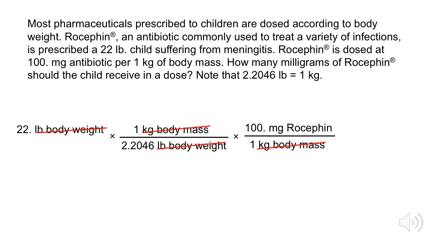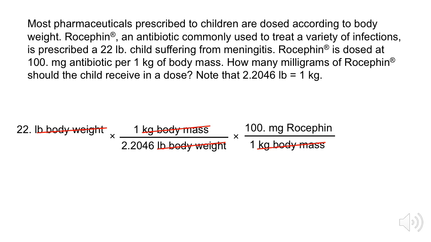In the conversion from body weight to body mass, the pounds is reported to 5 significant figures. When converting from body mass to milligrams of Rocephin, the milligrams of Rocephin is reported to 3 significant figures. So, the starting point has 2 sig figs. The first conversion factor says 5 sig figs, and the second conversion factor includes 3 sig figs.